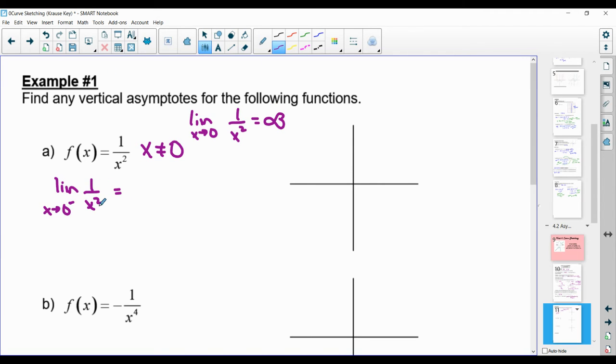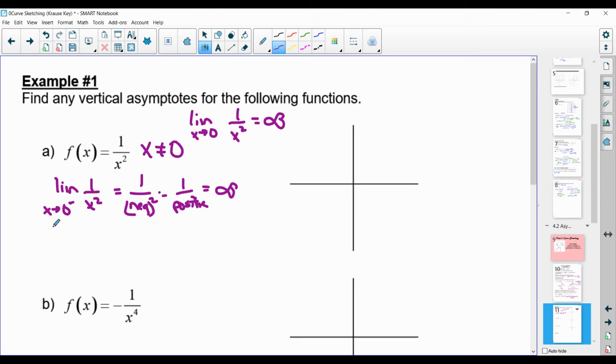If I plug in any number on the left-hand side of 0, in other words, any negative number, I'm going to have a negative number that's then squared. So 1 over a negative number squared is just a positive number. So 1 over a positive number is going to be approaching infinity.